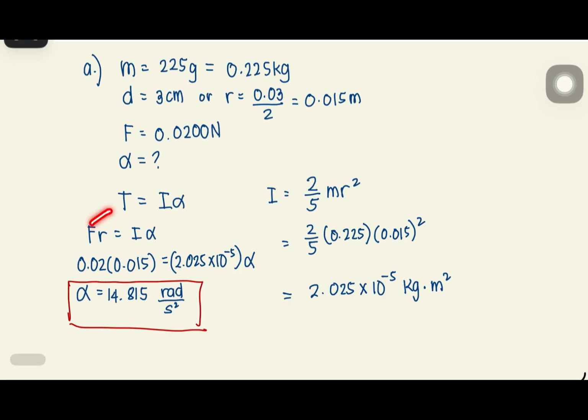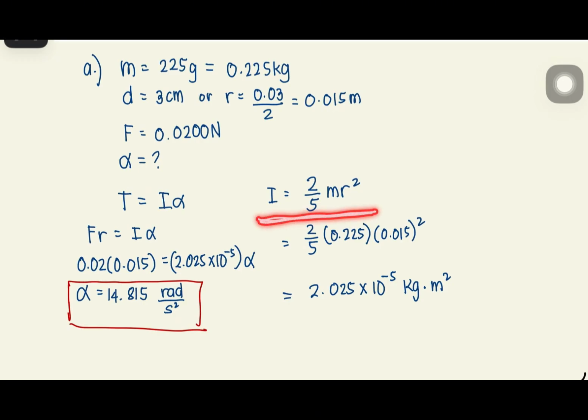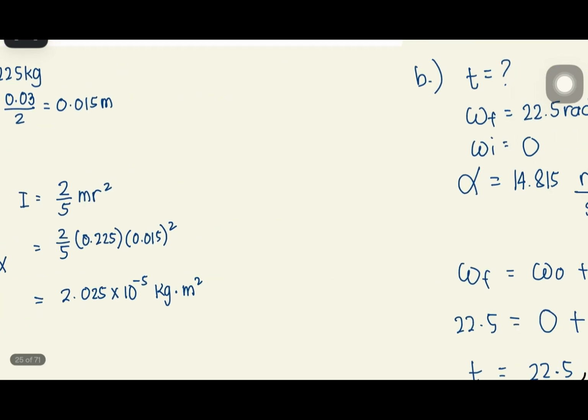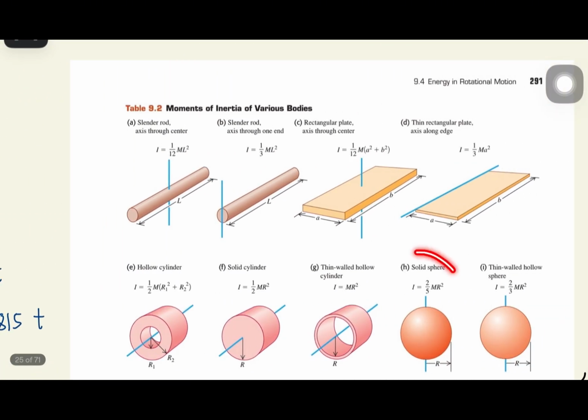Next, so meron tayong force, meron tayong distance from the axis. Since ang given class is sphere, solid sphere, hindi na siya kamukha or magiging pareho dun sa previous solution natin ng pagkuha ng I. Gawa nga na sphere siya. So, based dun sa formula ng sphere, ito yung gagamitin.